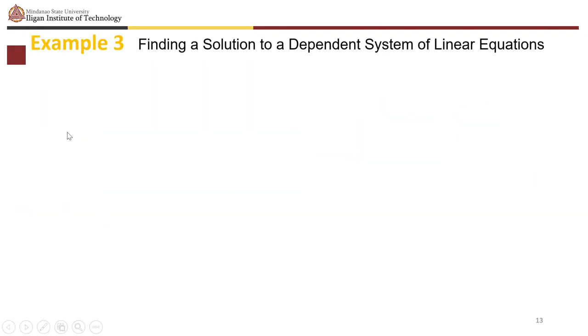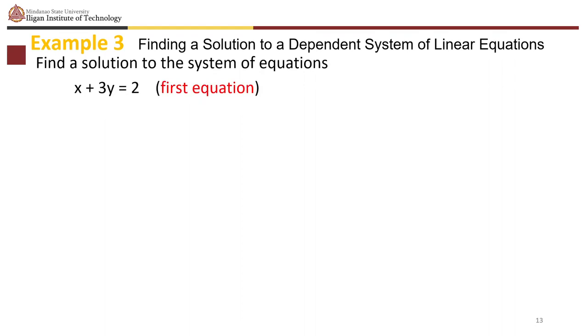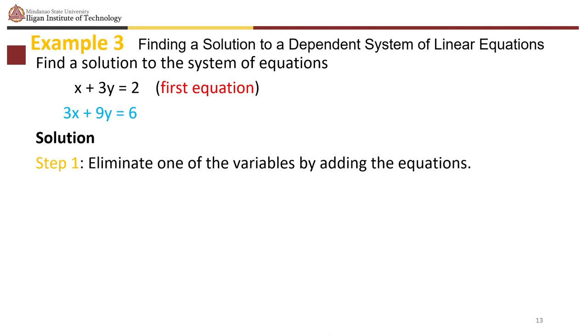For the third example, you're asked to find a solution to a dependent system of linear equations. Find a solution to the system wherein you have x plus 3y equals 2 and 3x plus 9y equals 6. For the solution, we can eliminate one of the variables by adding the equations.